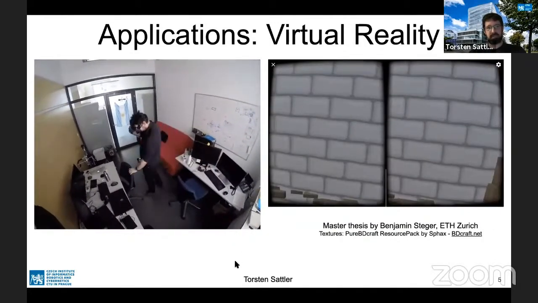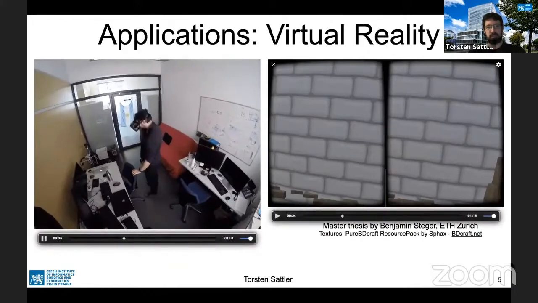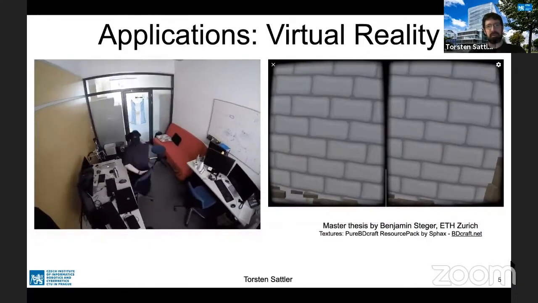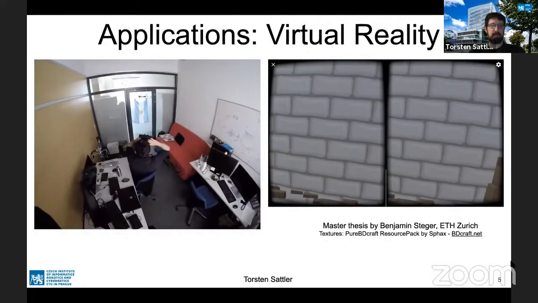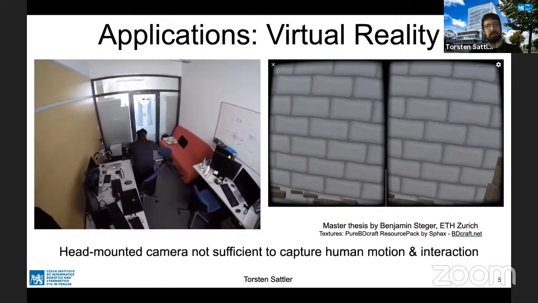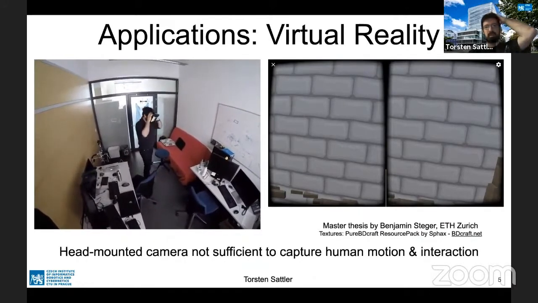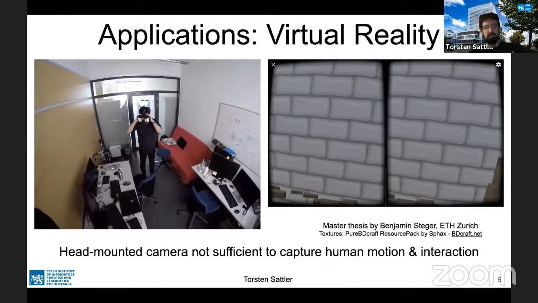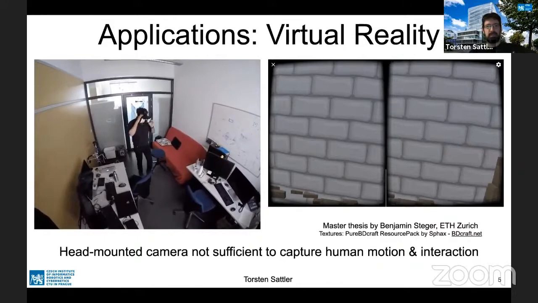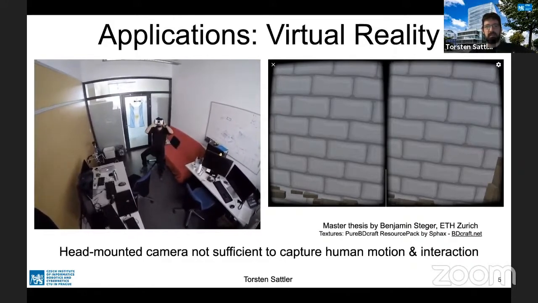It's some form of interaction between the virtual and the physical world, but it's very limited. You can't really interact. This comes from the fact that we're essentially just using a head-mounted camera here to figure out where the user is, and that itself is not really enough to capture higher level interaction of a user with a scene.